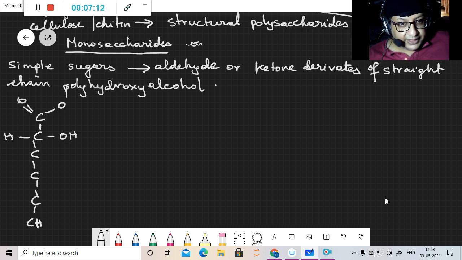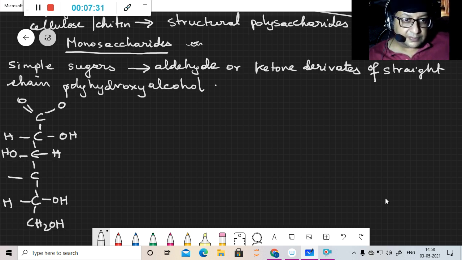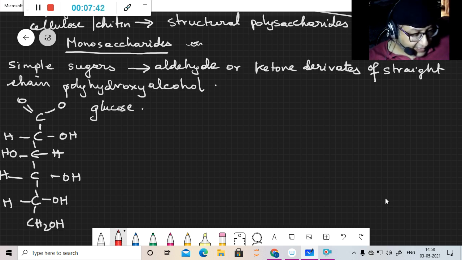You have CH2OH here, so basically this is the structure of glucose, and this is carbon 1, 2, 3, 4, 5, 6.